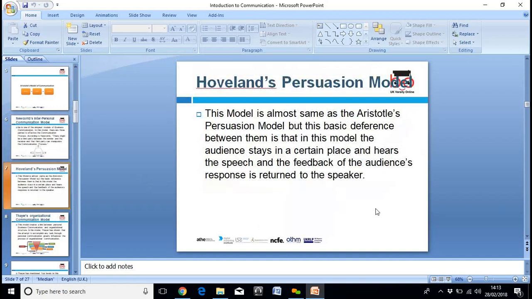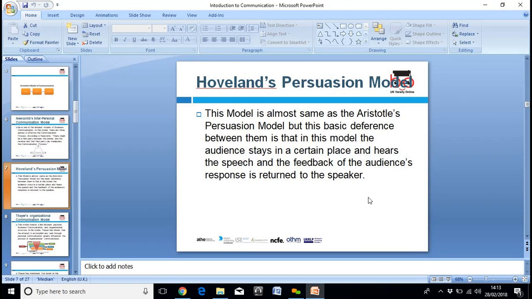Another model is Hovland's persuasion model, almost the same as Aristotle's really, but the difference between them is that in this model, the audience plays in a certain place and hears the speech, and the feedback of the audience's response is returned to the speaker.